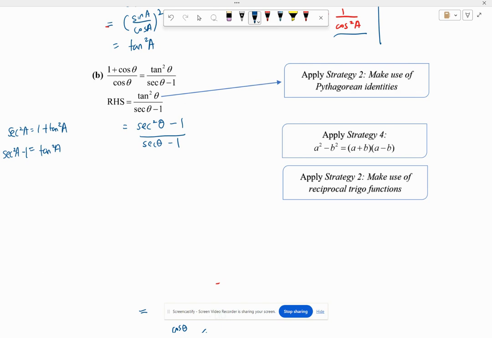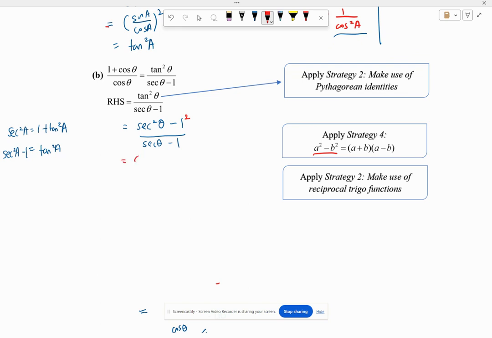Oh, then what can we do next? How can we get closer to our left-hand side? Do you realize that sec²θ minus 1 is like the fourth strategy, where we have to apply the special algebraic identities? Can we apply a² minus b² equals a plus b times a minus b?